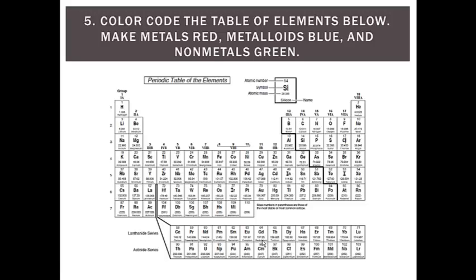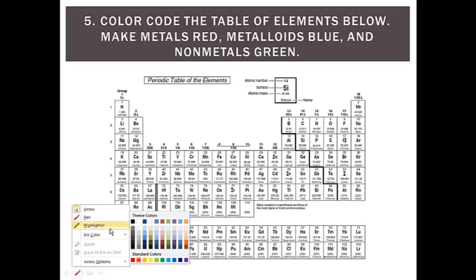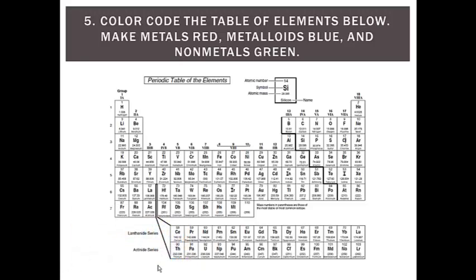Next question asks us to color code, and this is important because this is how we recognize if something is an ionic compound. So I'm looking for metals and nonmetals. So my nonmetals, I'm going to make those green. So all of my nonmetals are going to be on the right side.